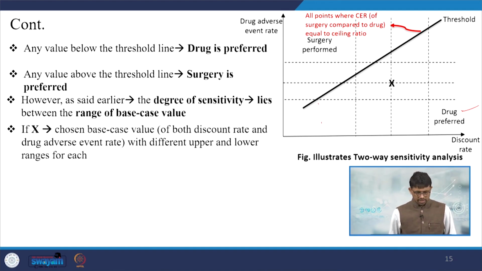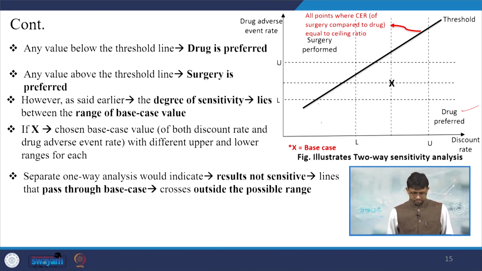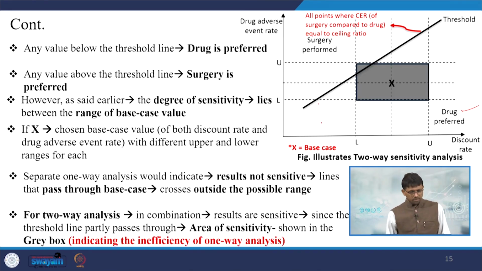However, we said earlier that the degree of sensitivity lies between the range of the base case values. Okay. If x is chosen as the base case value of both the discount rate and the drug adverse event rate, with different upper and lower ranges of each, then the separate one-way analysis would indicate results not sensitive.